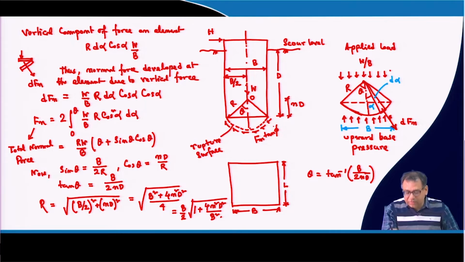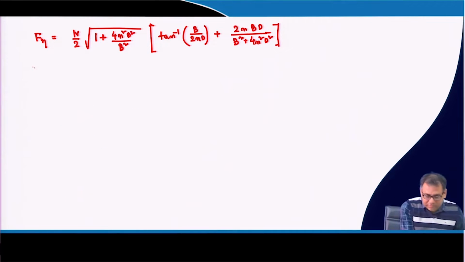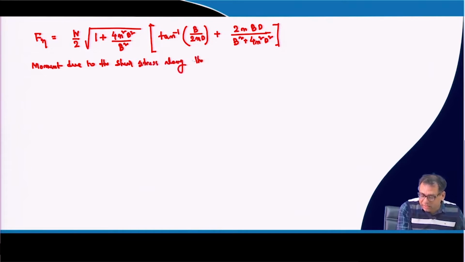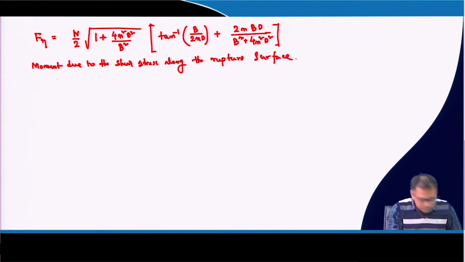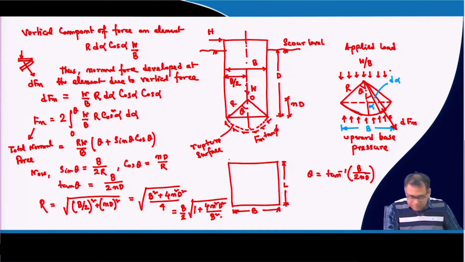Now, the moment due to the shear stress along this rupture surface will be Fn tan phi into r, where r is the radius, and that radius is the same along the rupture surface.